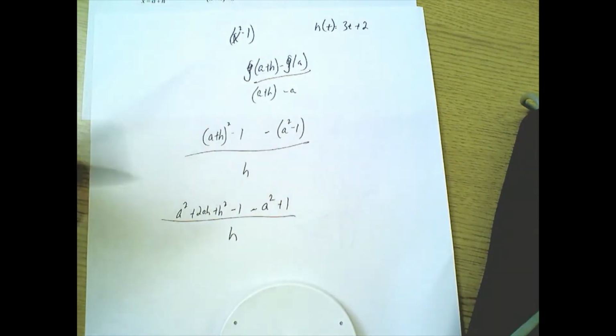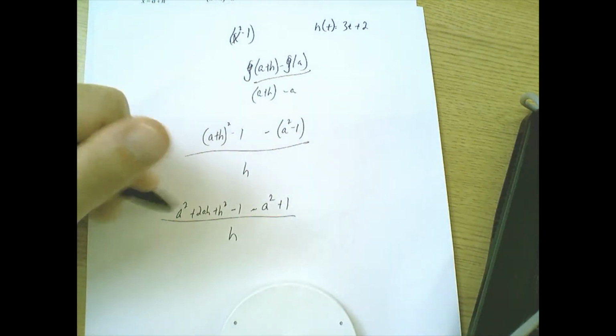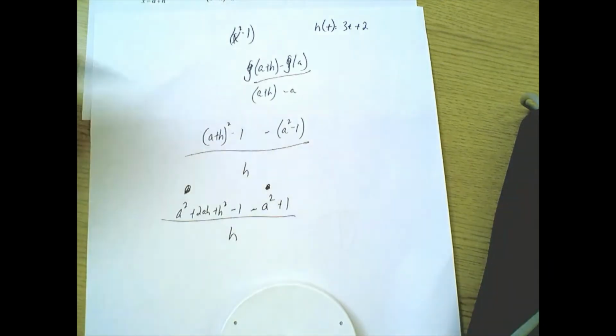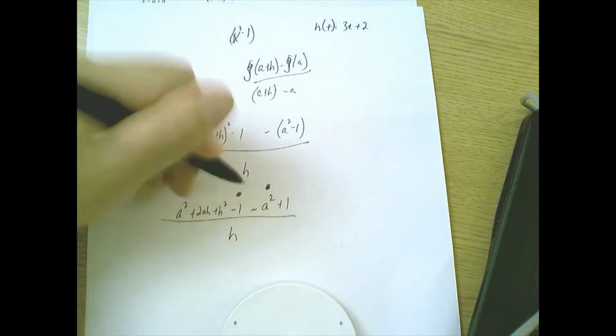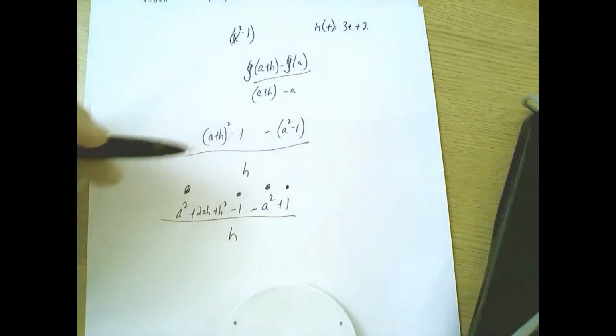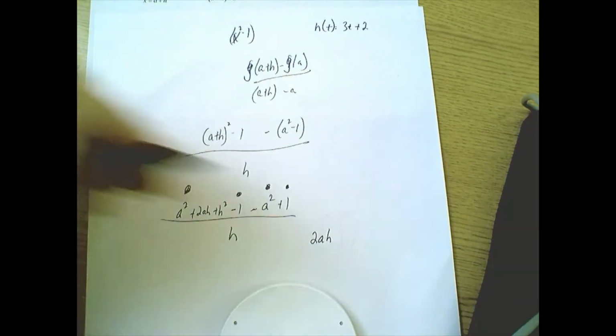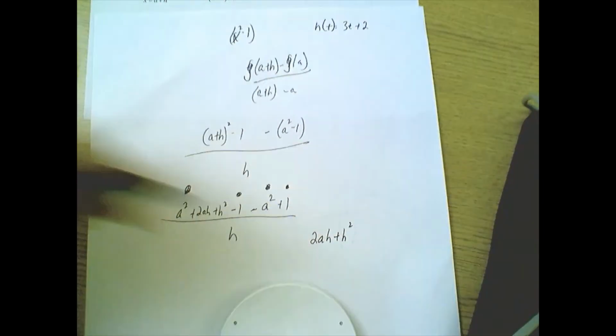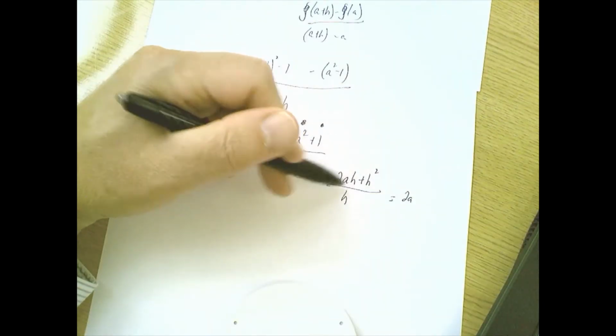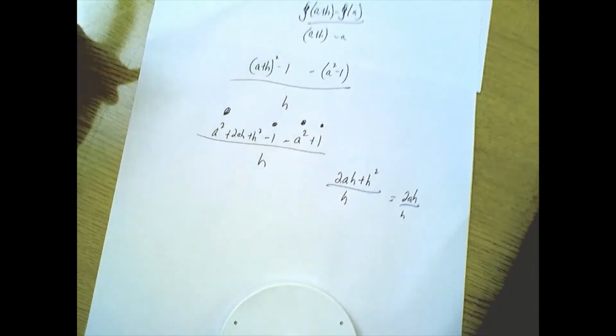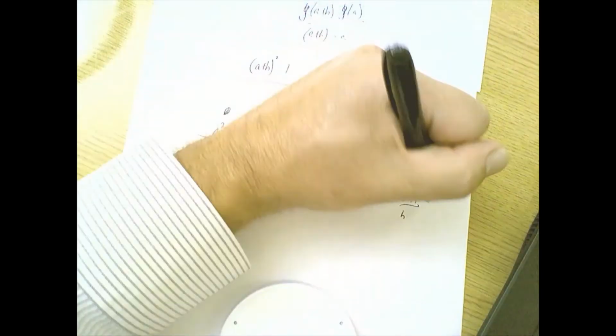What do I notice happens? My a squareds cancel each other out. My minus 1s cancel each other out. And I'm left with nothing more than 2ah plus h squared over h. And what does that give me when all is said and done? Let's break it into two fractions just so you can see it. 2ah over h plus h squared over h.